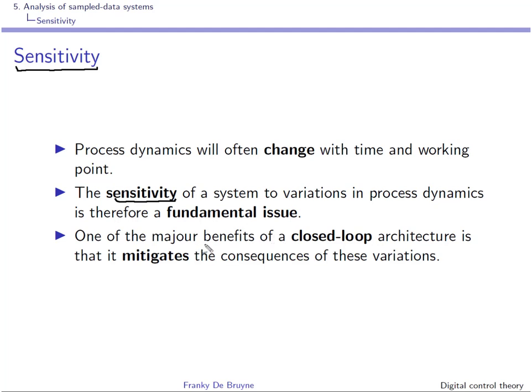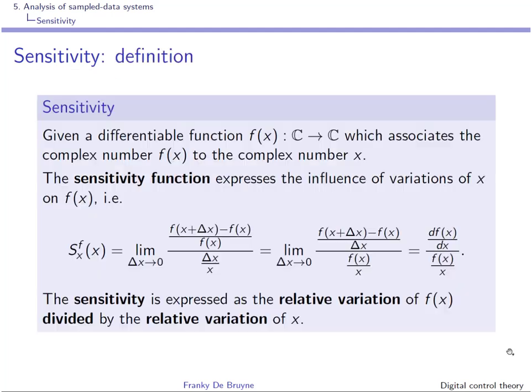One of the major benefits of working in closed loop is that this closed loop architecture mitigates, or in other words attenuates, the consequences of these process dynamics variations.